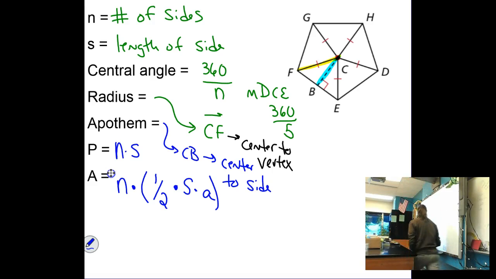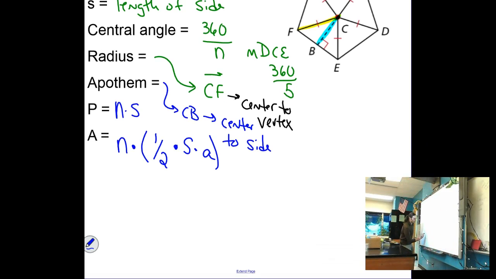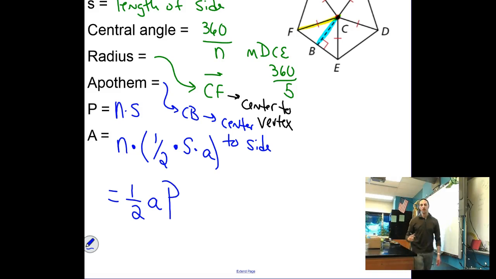And that's where we derive the following formula. The area of a regular polygon is 1/2 the apothem times the perimeter.